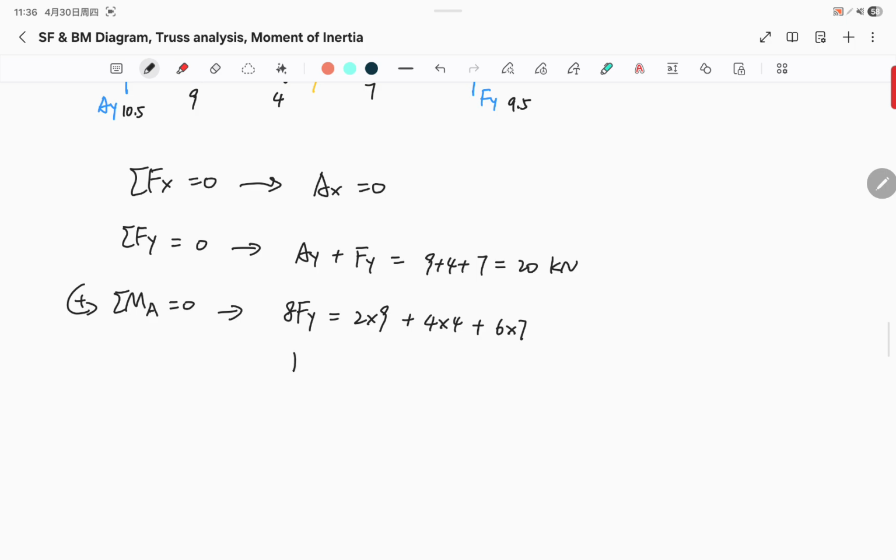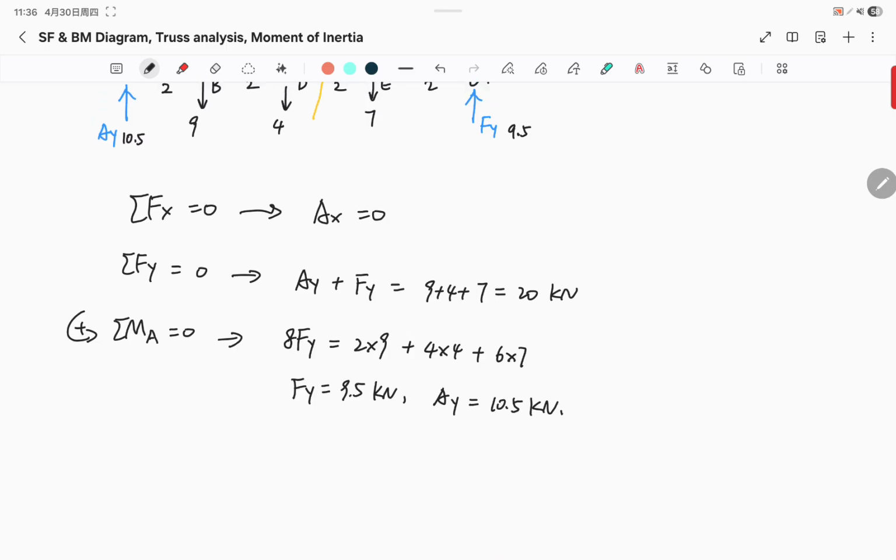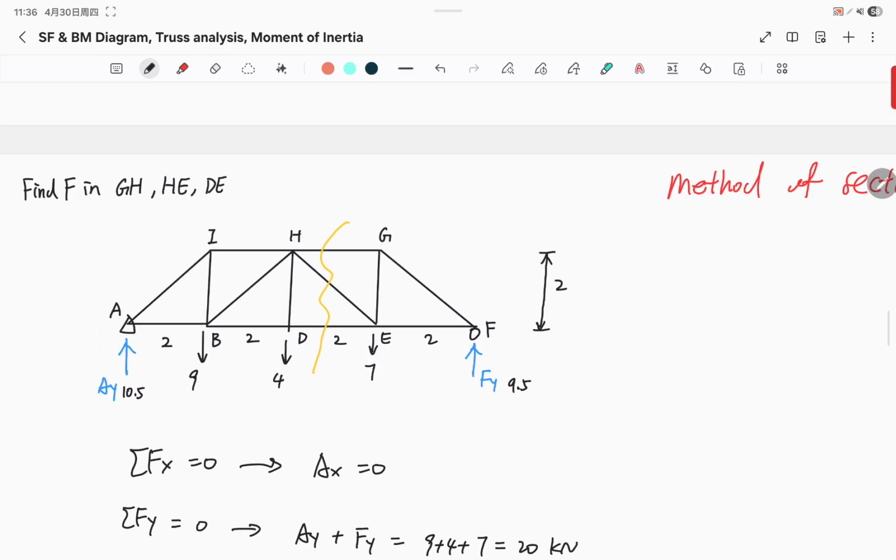By solving this, Fy is 9.5 kilonewton, and Ay is 20 minus 9.5, 10.5 kilonewton. Now we are good to go.